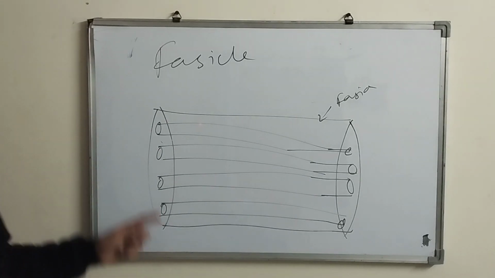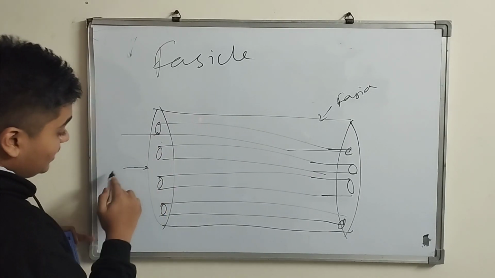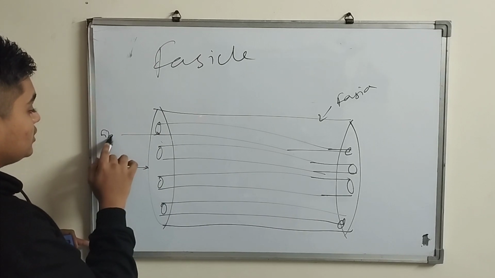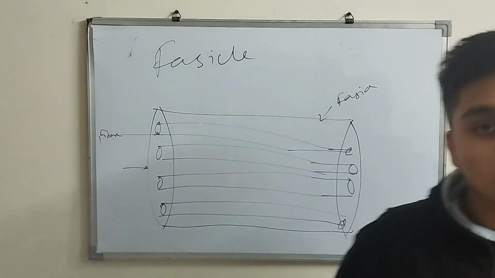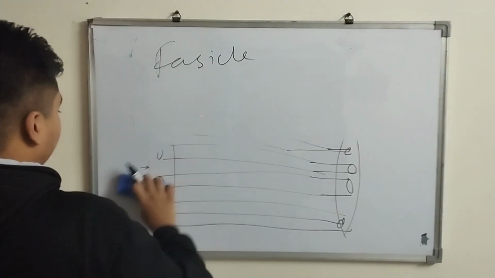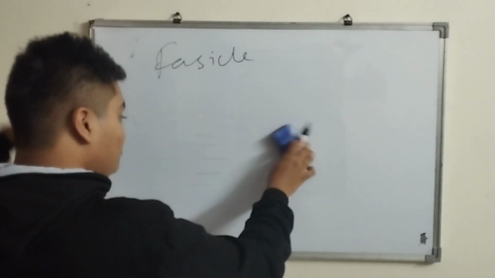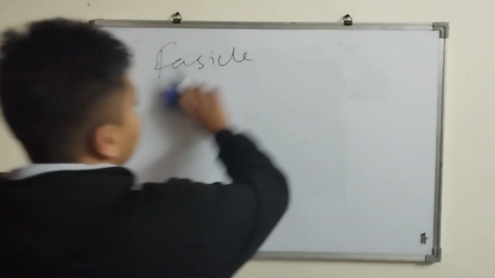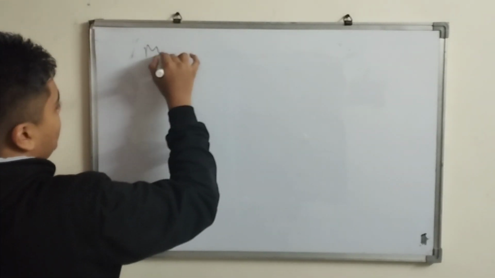This is your muscle bundle, and this is your muscle fiber. Remember, each muscle fiber is made up of many myofibrils. We do not need the others for this theory, but we require the myofibril.